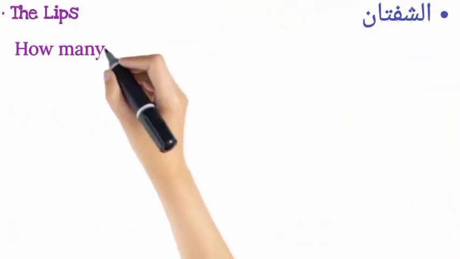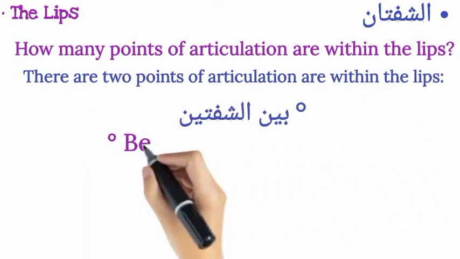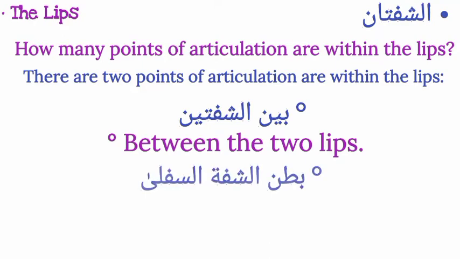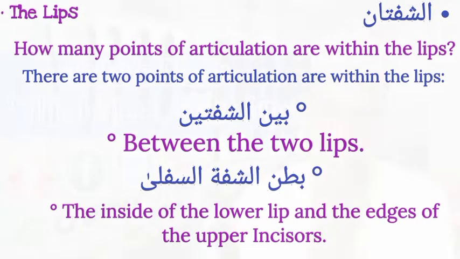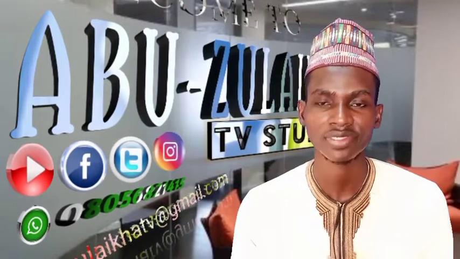The first one is the two lips, and the second one is the inside of the lower lip, coupled with the edges of the upper incisors. So we are going to know all these letters, inshallah. The first one is the two lips.